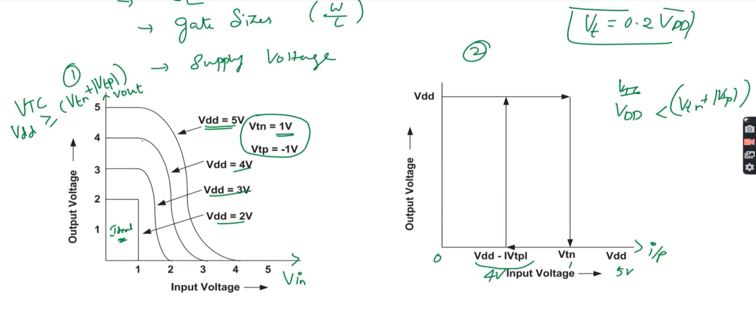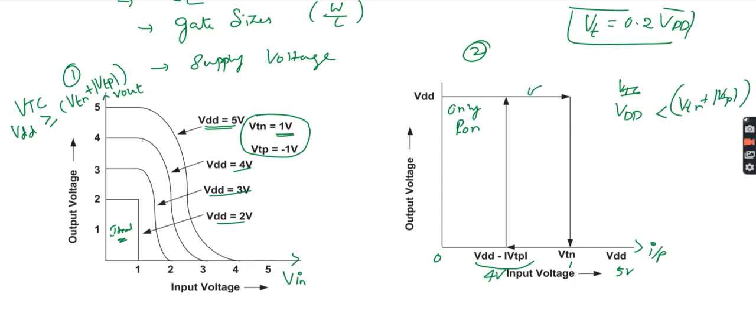Now we can see up to 4 volt. So here, what will happen? Here the PMOS will be on. Only PMOS is on in this range actually.